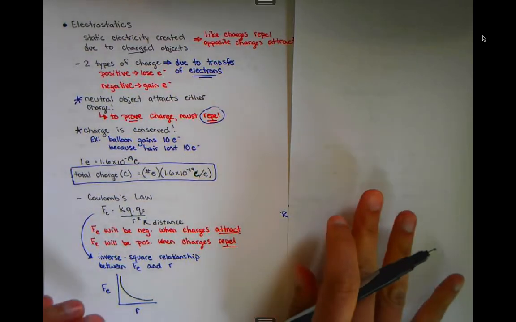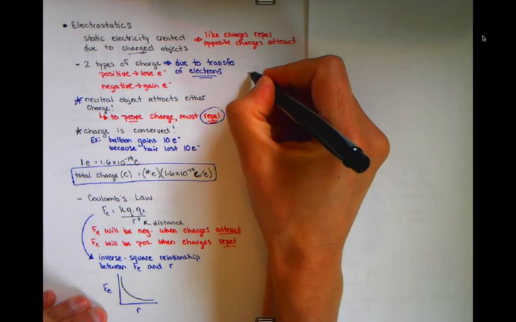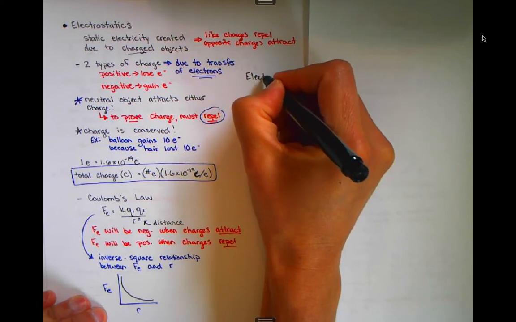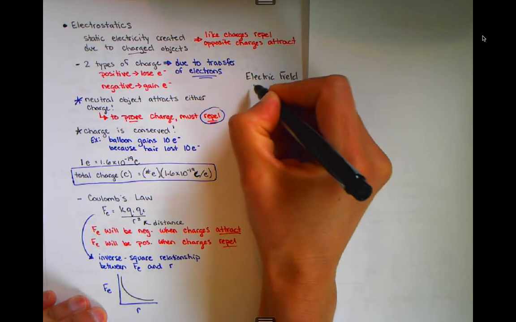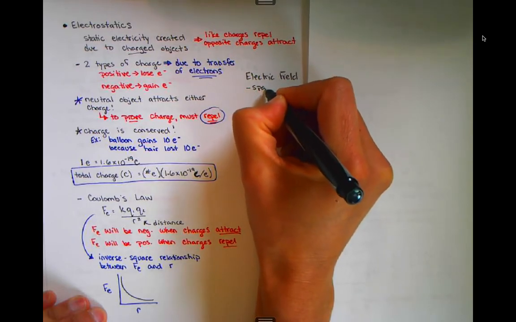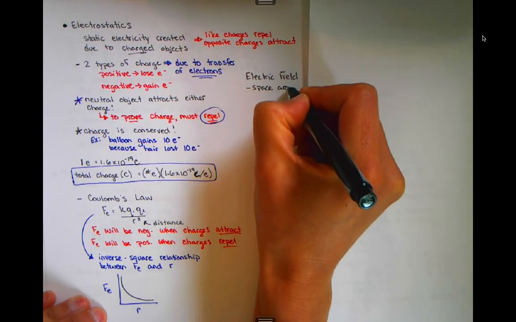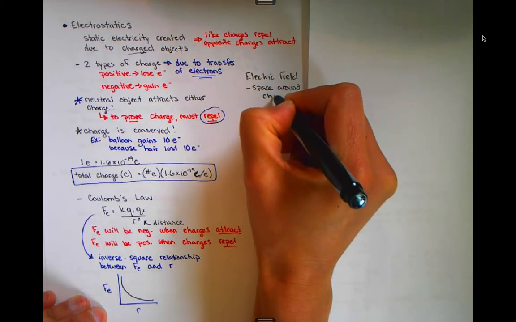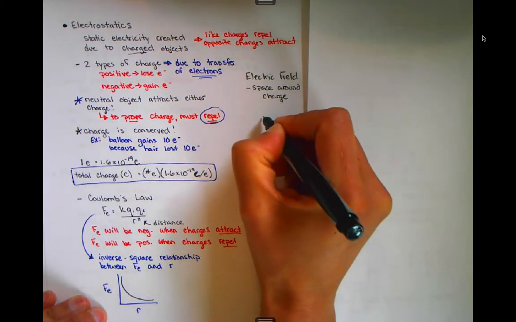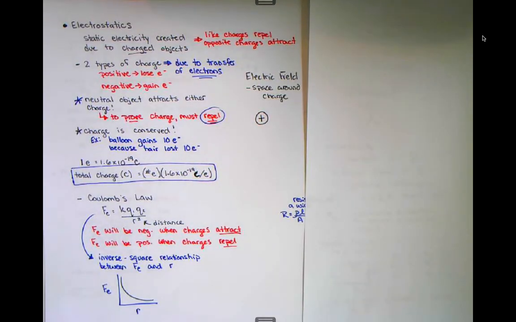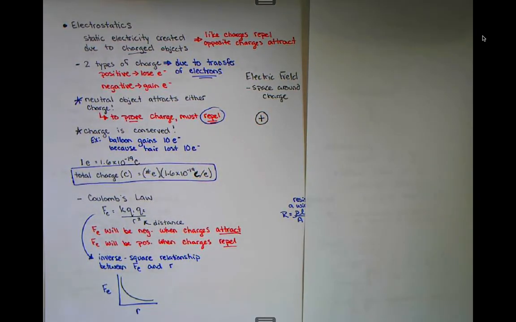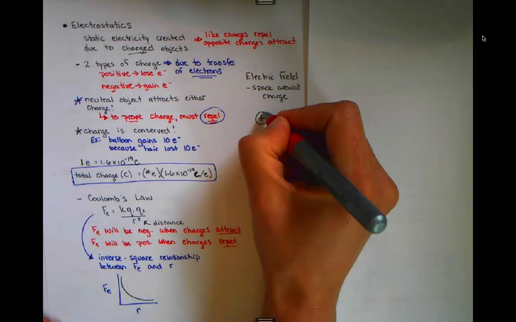So if we add the electric field over here and electric field lines, right? So the electric field is the space around a charge. Remember, when you charge something, you're changing the physical space. So around a positive charge, when we draw the electric field lines, remember the field lines show us how a positive particle would move.